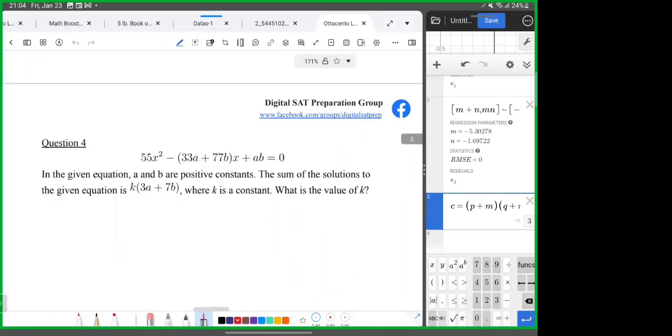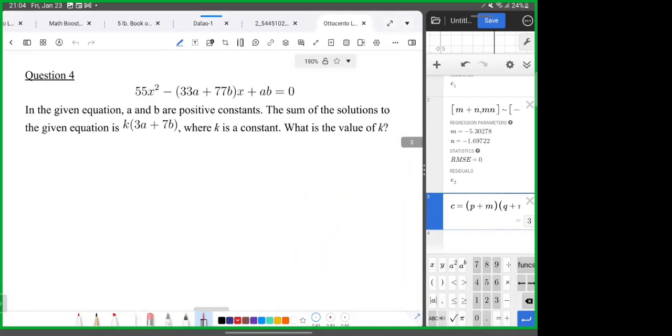Here, by the way, about quadratic equations, Vieta's theorem. The sum of solutions is given. According to Vieta's theorem, the sum of solutions x1 plus x2 equals minus, and here this minus sign becomes plus, (33a plus 77b) divided by a. A is 55.